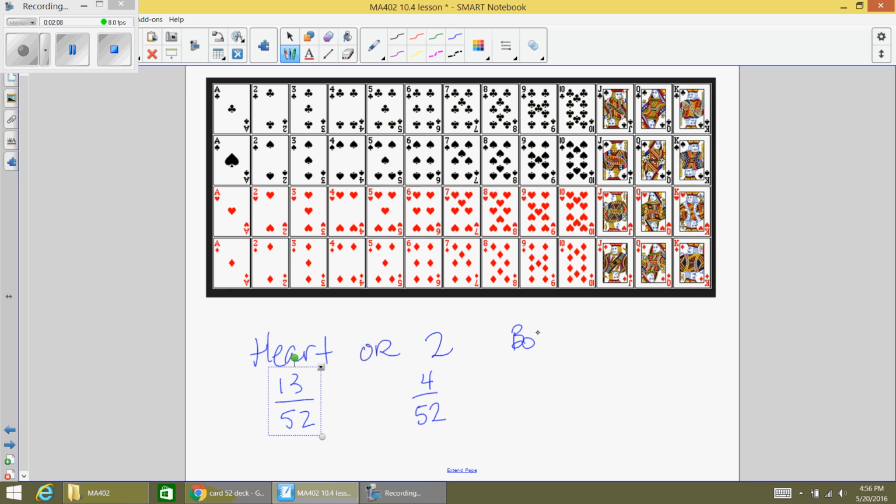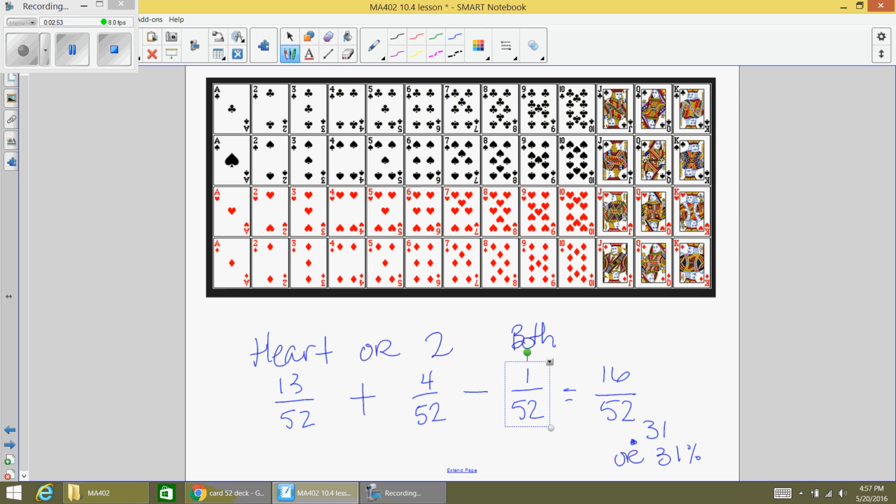But the probability of both of those things happening, drawing a 2 of hearts, is 1 out of 52. And the way the formula goes is, if you want these probabilities, you add the individual probabilities and you subtract the probability of them both happening. And so then our probability would be whatever that is. In this case, it's 16 over 52. And quickly in my calculator, I got 0.31 or 31%. Okay, that is how this works.